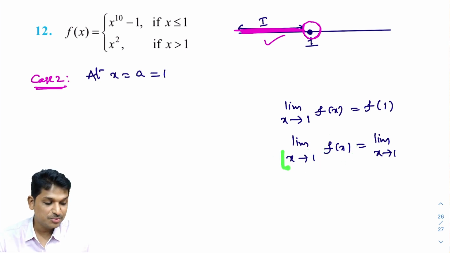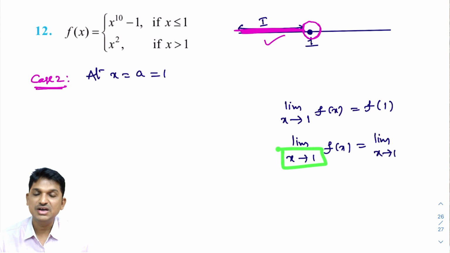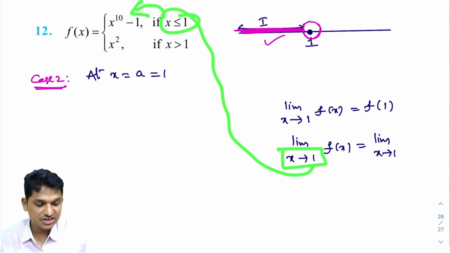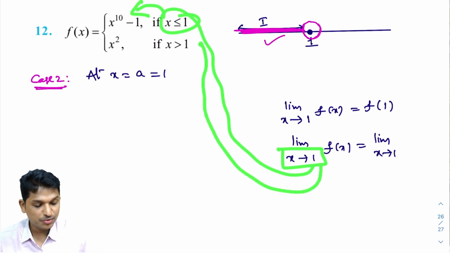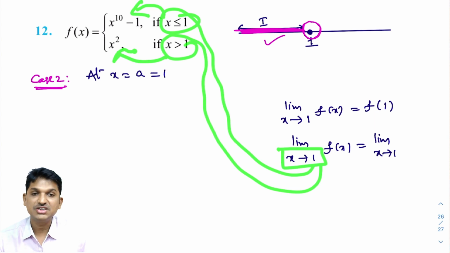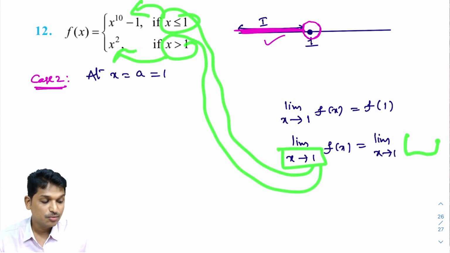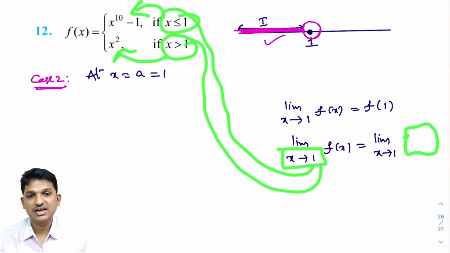X approaches 1 means all x values are slightly less than 1 or slightly greater than 1, but not 1. An x value less than 1 is possible, in that case we choose this function. An x value greater than 1 is also possible, in that case we choose the second function. So both functions are eligible to write here, and directly we cannot calculate. Confusion is there. To avoid this confusion, just calculate the left hand limit and right hand limit.